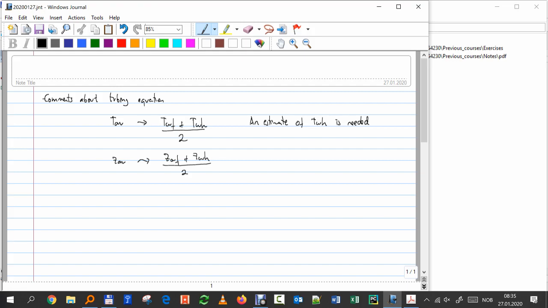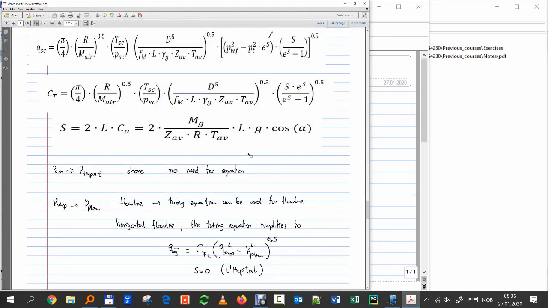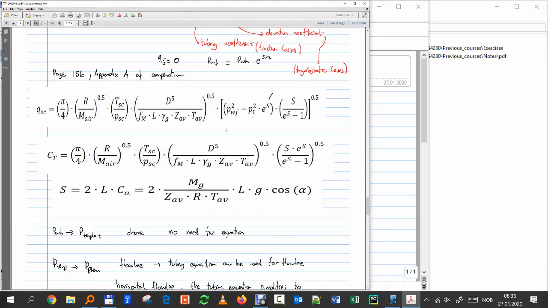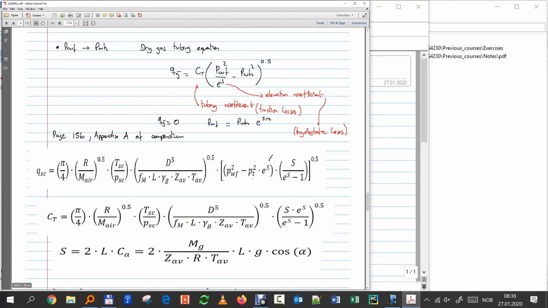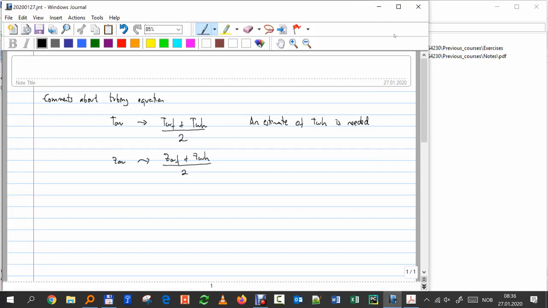An estimate, an assumption, and that's going to affect, remember, the C, all of this becomes the C in my equation, to compute C, to compute CT.